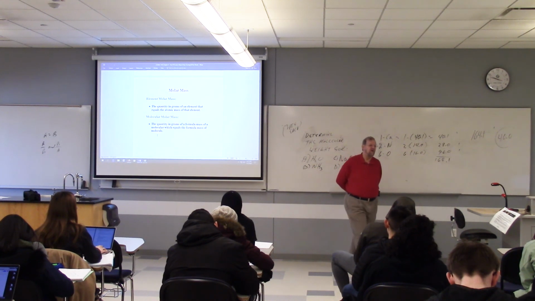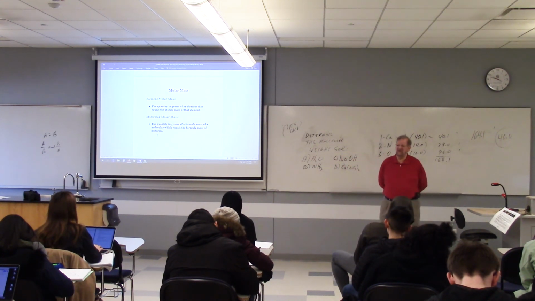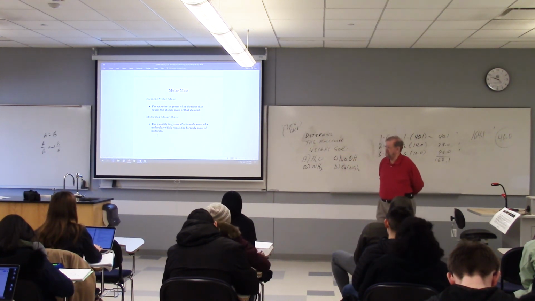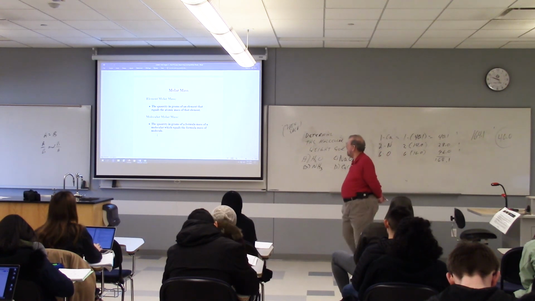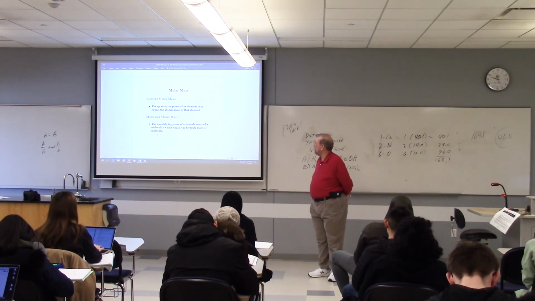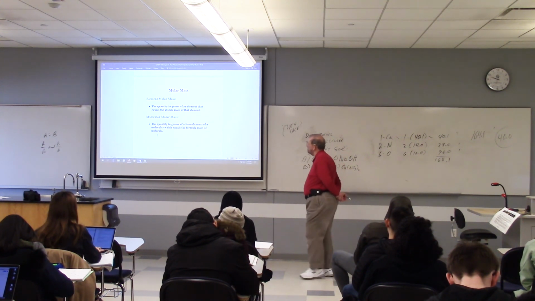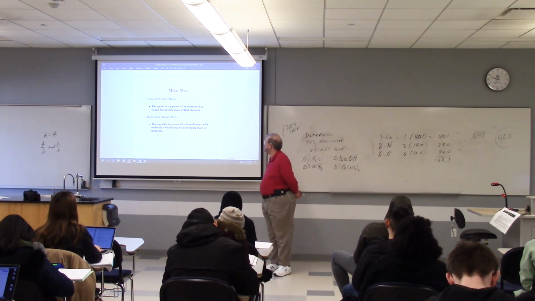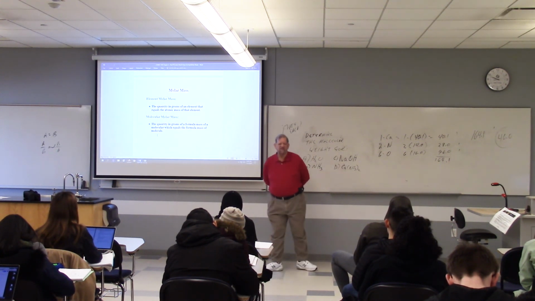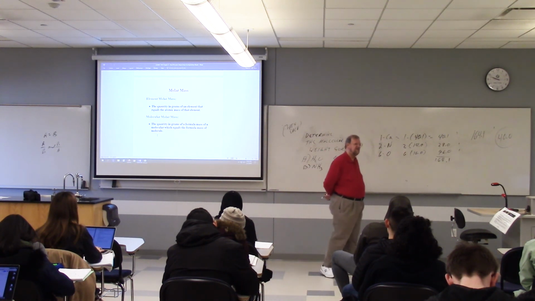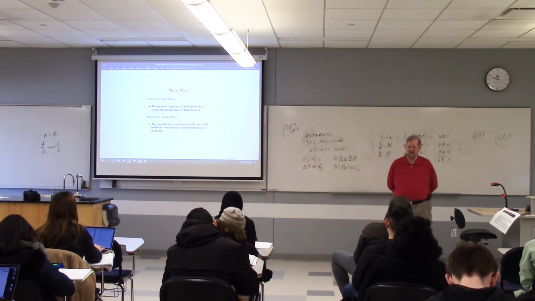So 1 mole of an element equals its atomic weight. Now, for a molecule, 1 mole, which is called the molar mass, or here we call the molar weight, is the quantity in grams equal to the formula mass of that molecule. In other words, if I have 1 mole of something, that equals its molecular weight.